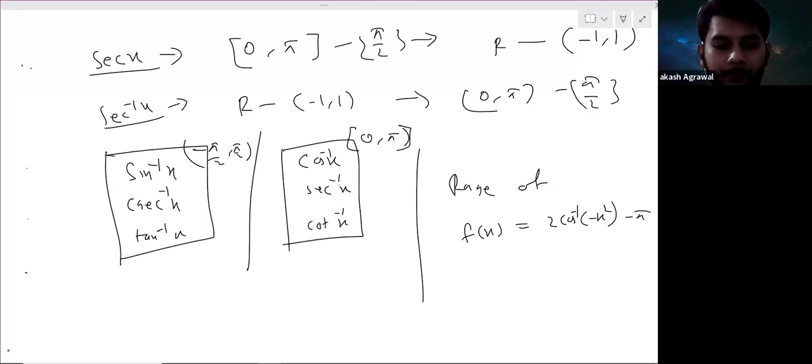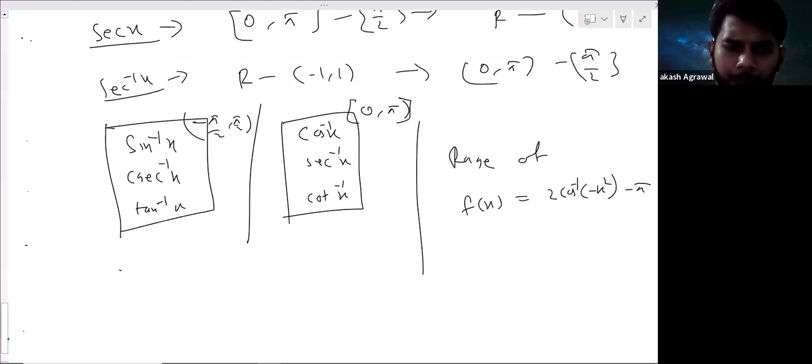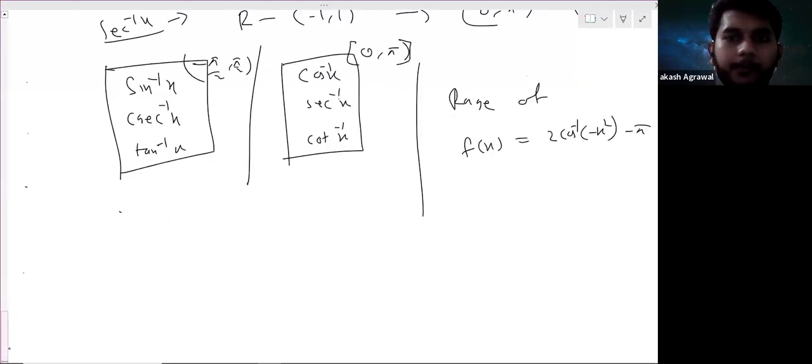Sir, ठीक है, What, फिर से uh, वैसा ही है. not getting answer. ओके, नो इश्यूज. ठीक है, क्वेश्चन इज 2 cos इनवर्स minus x square minus pi.